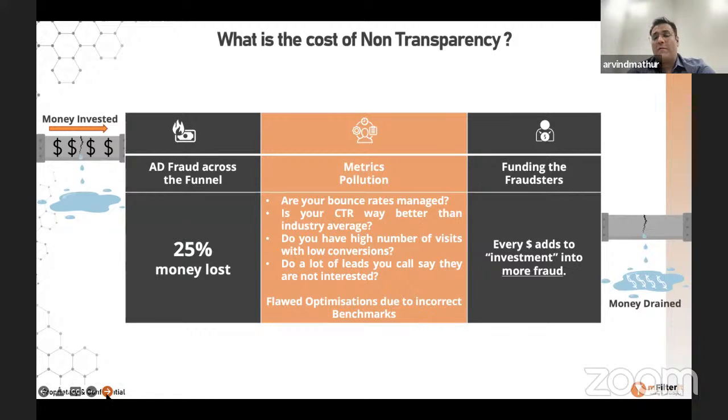And ultimately, every decision that's based on data, we all say data is the king, data shows you the way. If that matrix itself is flawed, a lot of other investments that you make then become unfruitful. And a very clear example I'll give you is that we were doing this for a BFSI customer where a substantial number of leads that they were calling were turning out to be not interested leads.